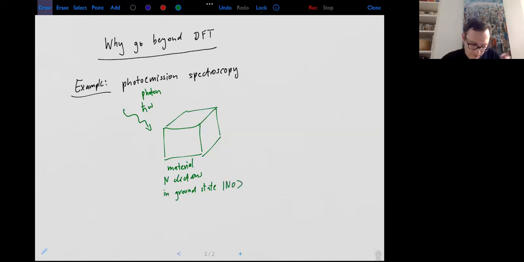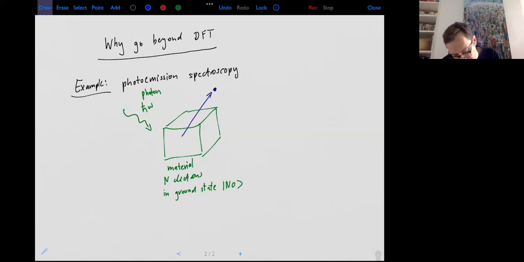The piece of silicon has n electrons, n presumably is a very large number, billions. For simplicity, we'll assume it's in its ground state. Of course, if this photon has more energy than the work function of the material, by the photoelectric effect, we can knock out an electron from the material.